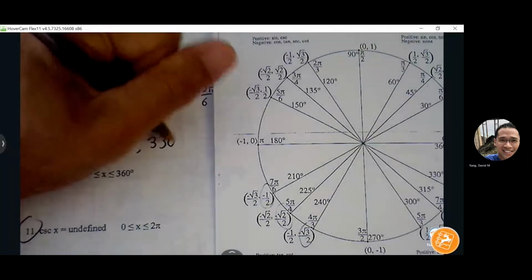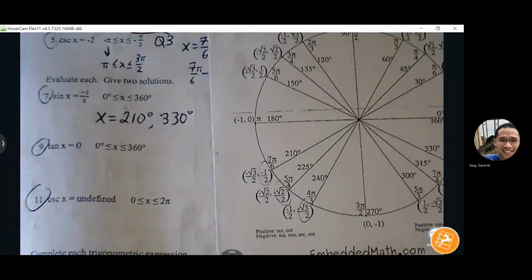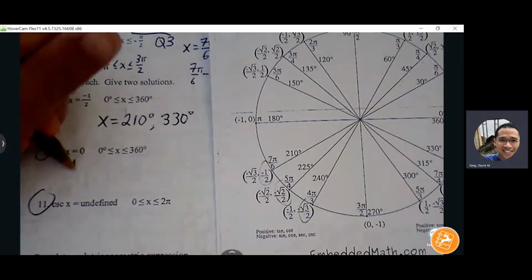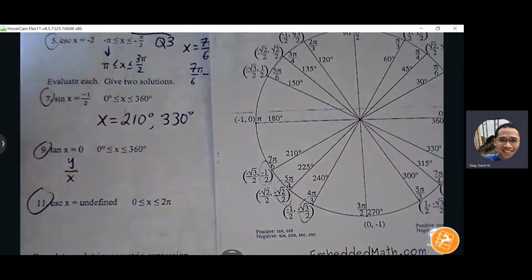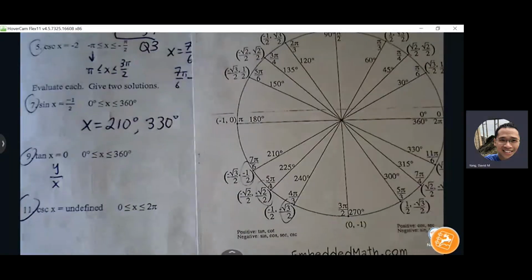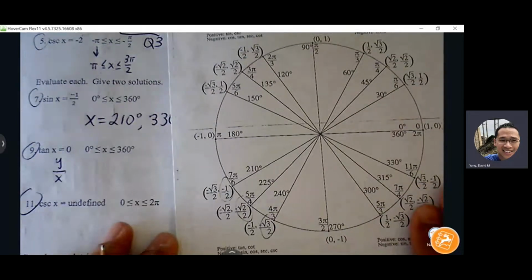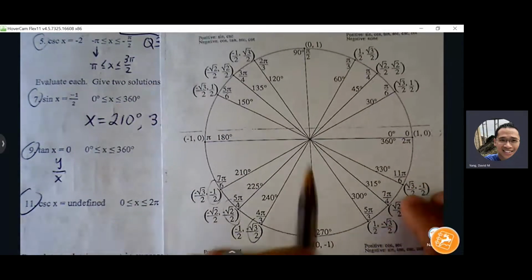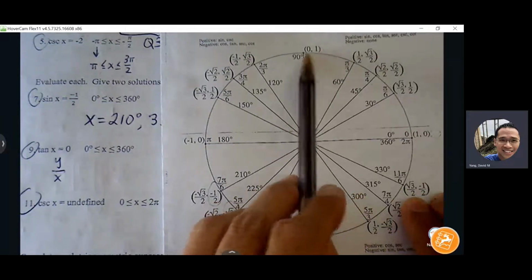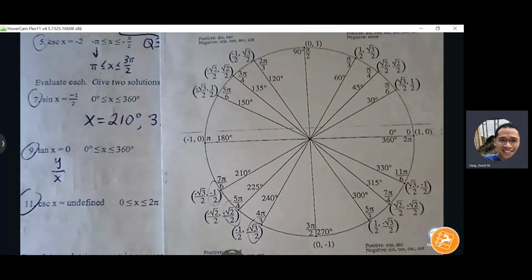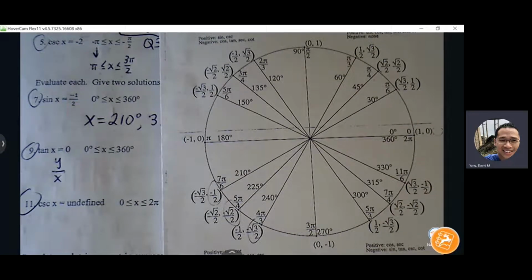Number 9. Tangent is equal to 0. The formula for tangent is y over x. So you know that zeros only occur along the quadrants, right? Along one of the quadrant ordered pairs. So look at all the ordered pairs, y over x, y over x. Which one of them will produce a tangent equal to 0?